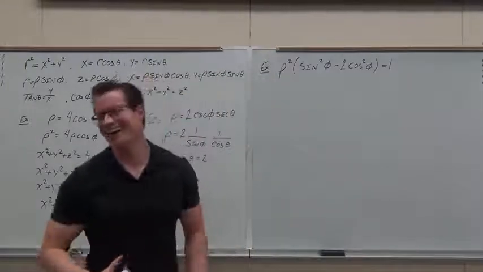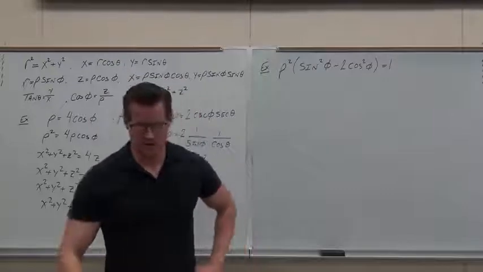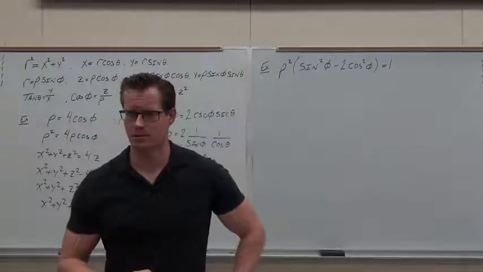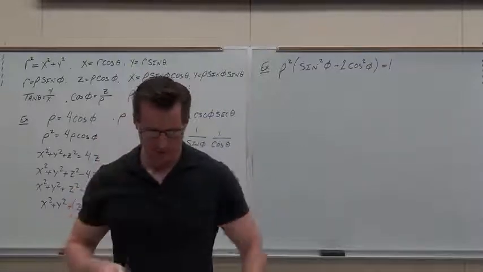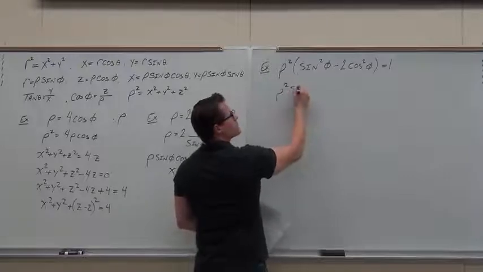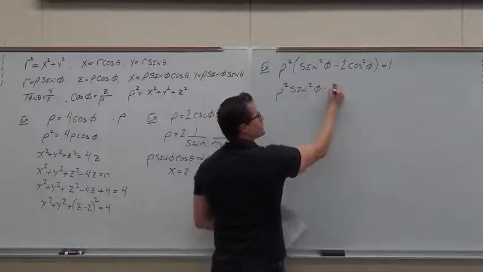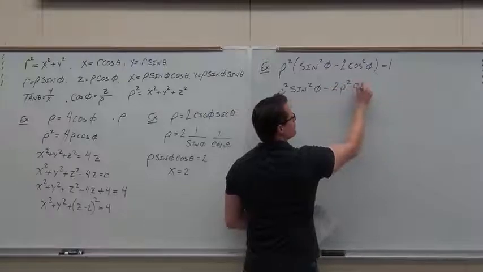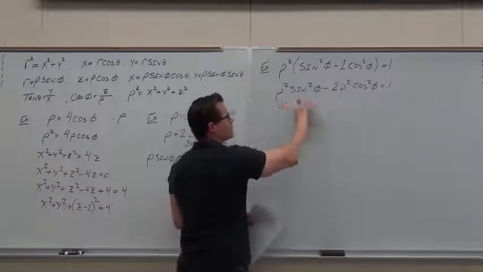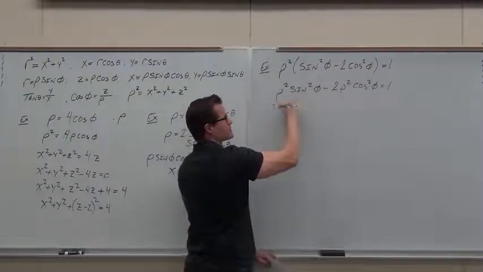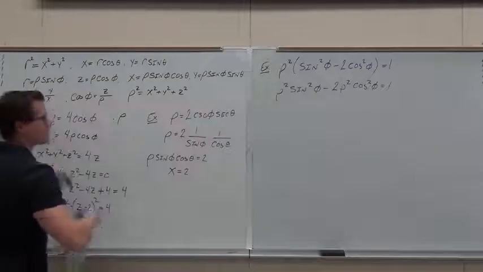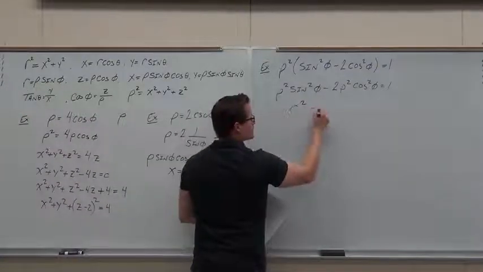So what is that? Oh, it's obviously a one-sheet hyperboloid along the z-axis. How do you know? Because you look for things that look familiar. If rho sine phi is r, then this is r squared.